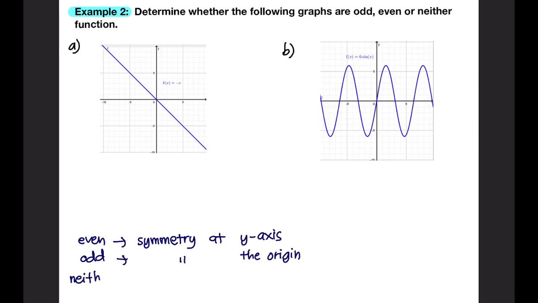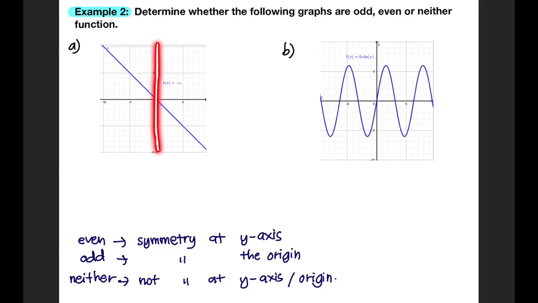For neither, not symmetric at the y-axis or the origin. If you put a mirror here, if you put the symmetry line here, this graph will reflect here.